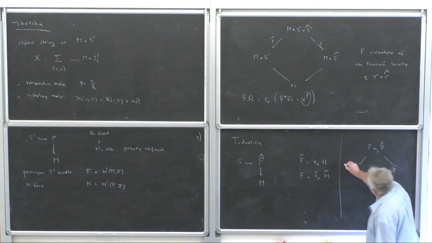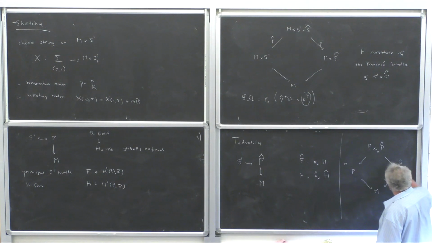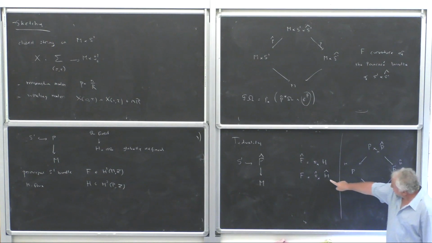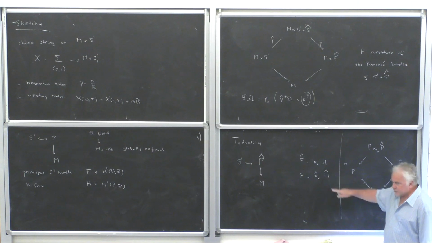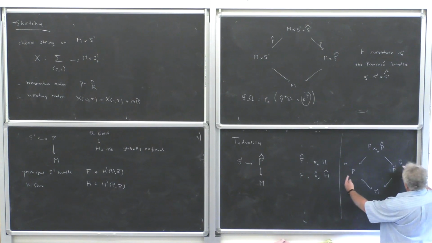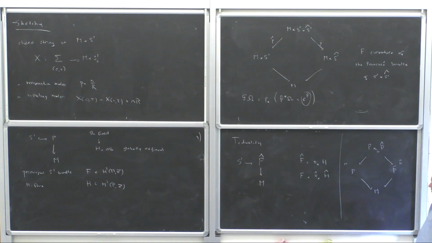So H lives here, H hat lives here. It turns out that H hat is uniquely determined by requiring that if you pull them back to the correspondence space, then they give the same class on this correspondence space.